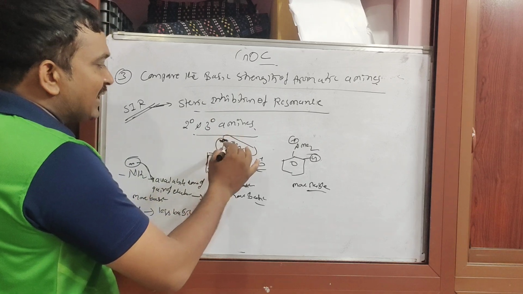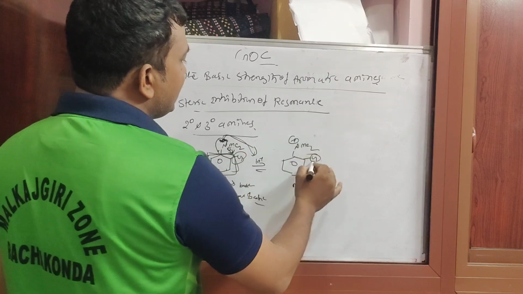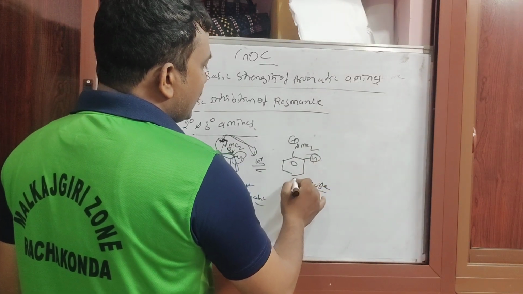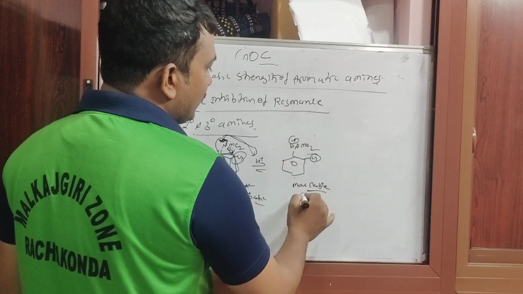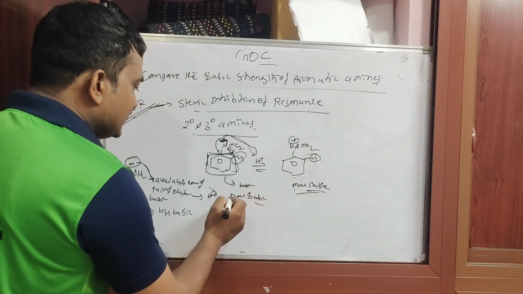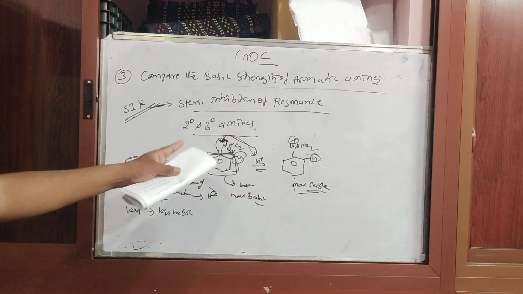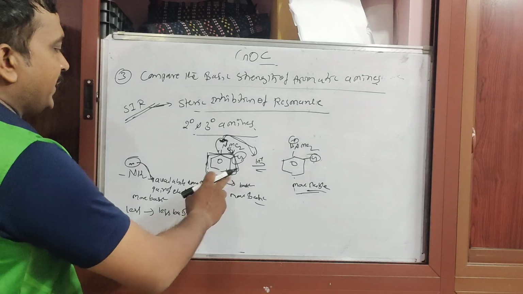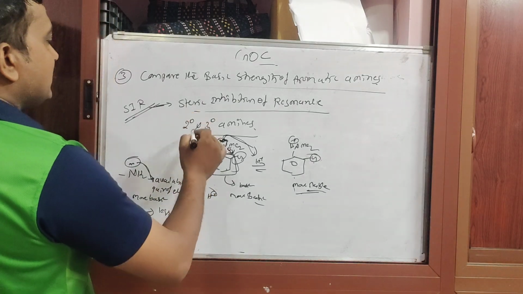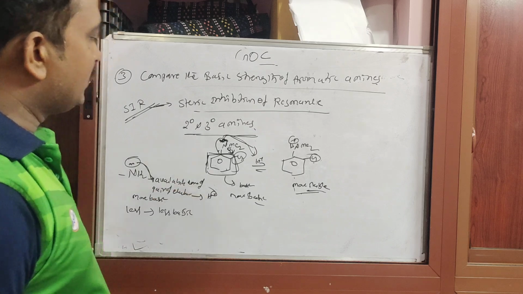It is easily available to attract H plus ions. Then it will form a more stable ion. That's why this is more basic compared to the other substituted ones, meta and para positions. It will operate only in secondary and tertiary amines.